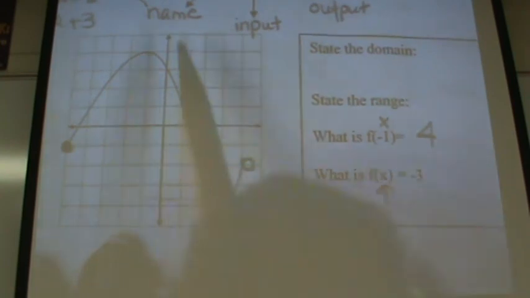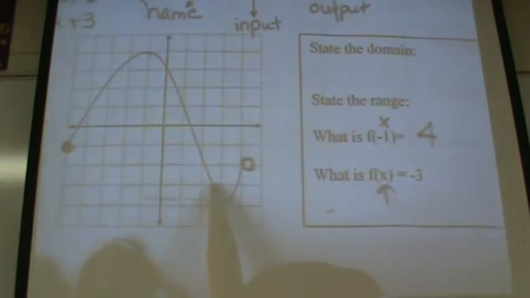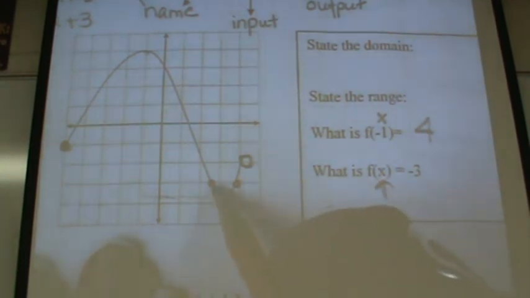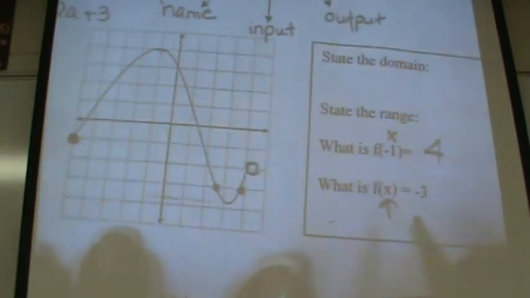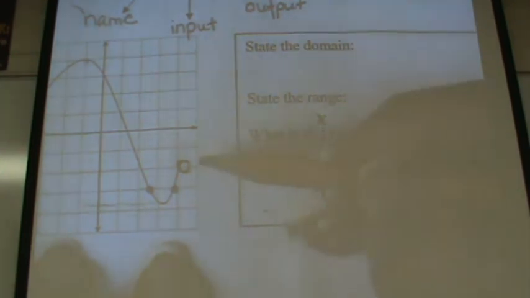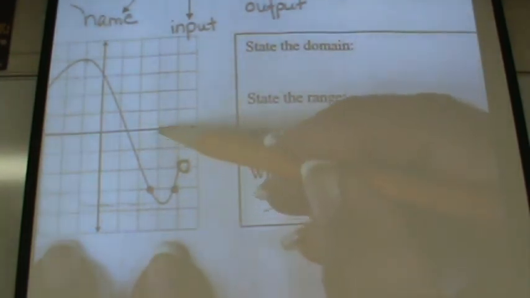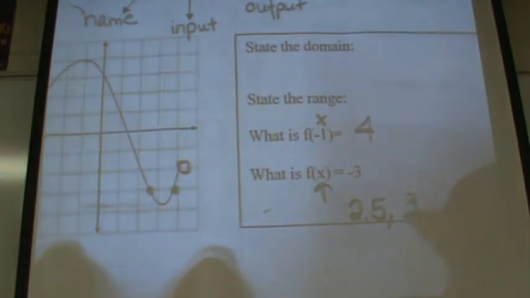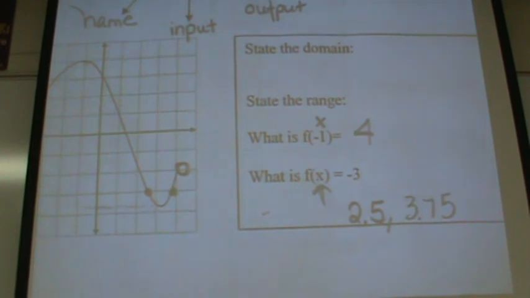Well, let's find -3 on the y-axis. Here's -3. So I've got 2 spots right here. What would be the x value? I'm going to say 2.5 is one answer. And there's another answer, let's say 3.75. I'm going to guess.